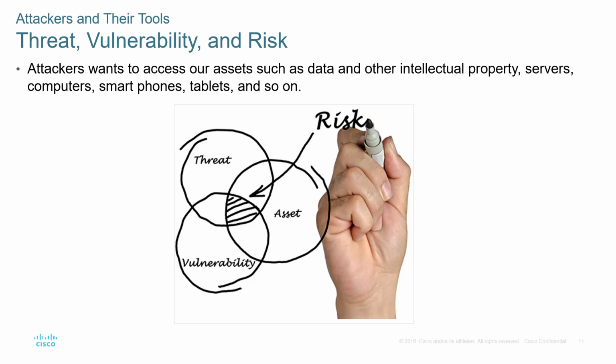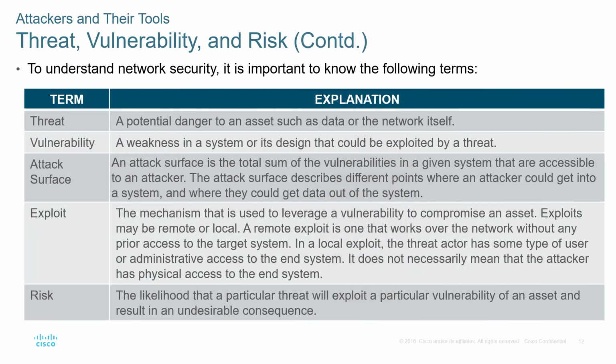Attackers want to access the assets, and they do that by a vulnerability that is found, or an exposed threat that could be there. It could be intellectual property, it could be a device, it could be data, it could be passwords, it could be several different things.